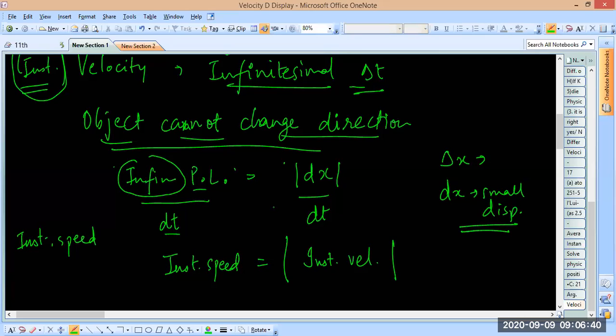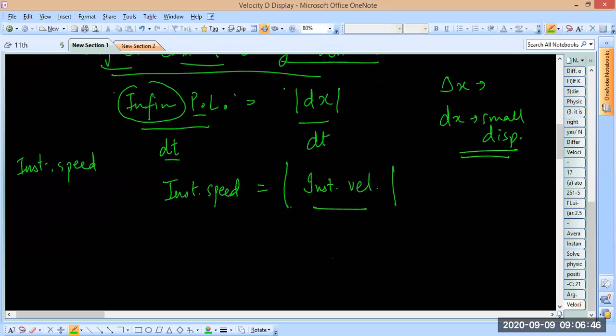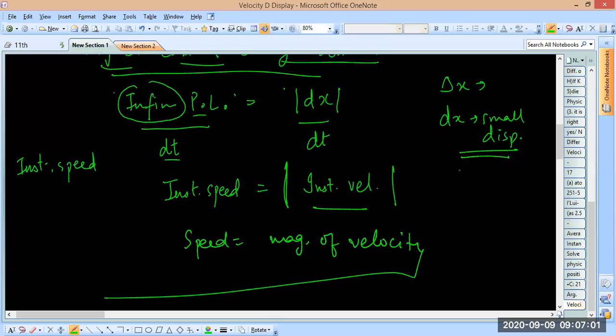Then I divide both sides by dt. On the right side we get instantaneous velocity in magnitude, and on the left side we get instantaneous speed. So that's why we can say that speed is equal to magnitude of velocity. So this is how you arrive. All right, so that's it. Clear?